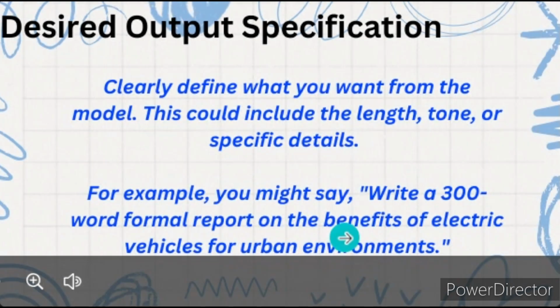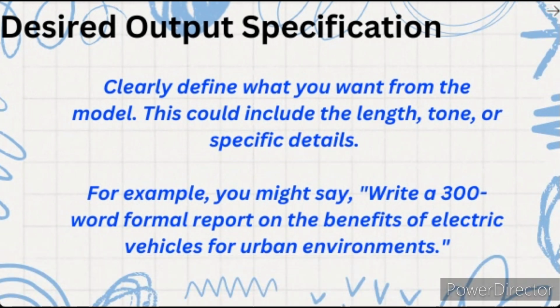Instead of just saying write me a news article or formal report, you could make it more specific. Let me rephrase. You could say write a 300 word formal report on the benefits of electric vehicles for urban environments.